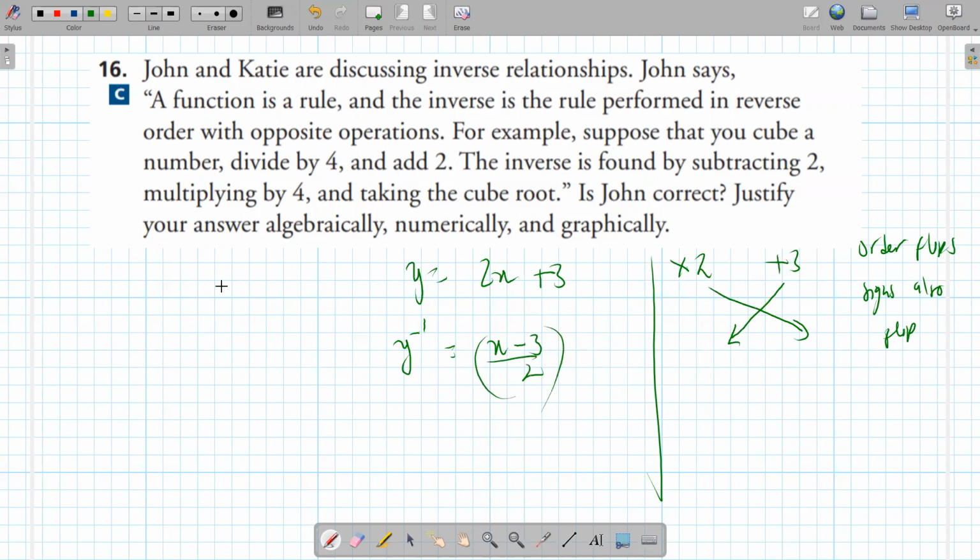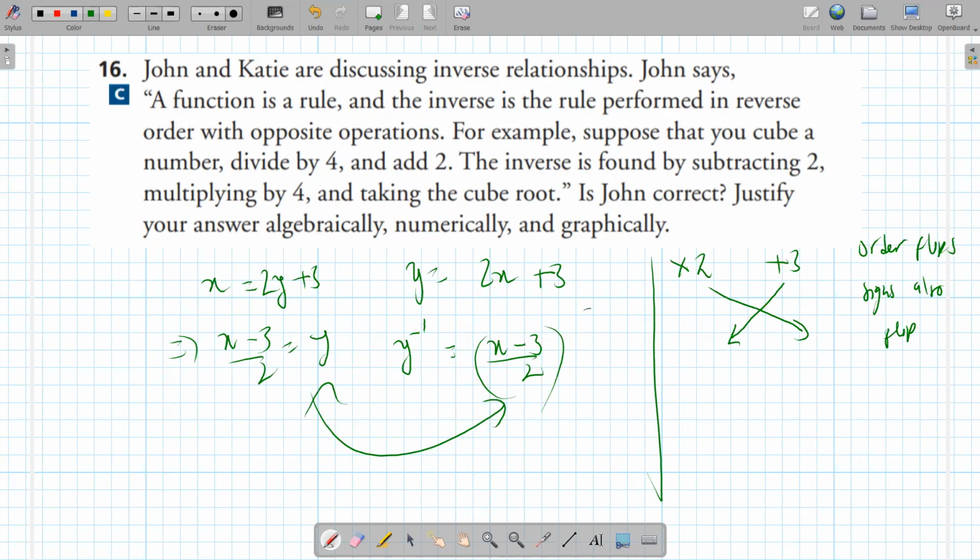And we can prove this by doing it algebraically. So this is going to become x equals 2y plus 3, right? How do we solve this equation for y? We do the opposite: subtract 3 and divide by 2, right? Notice that's what we have here.